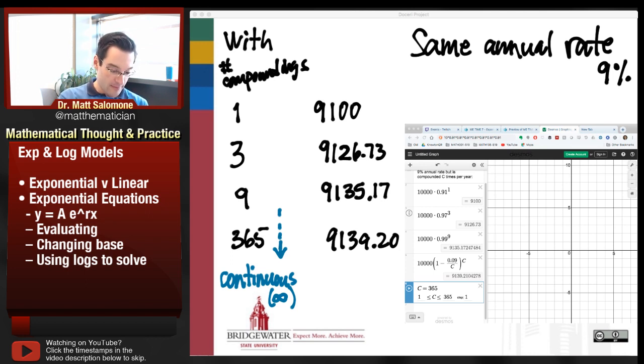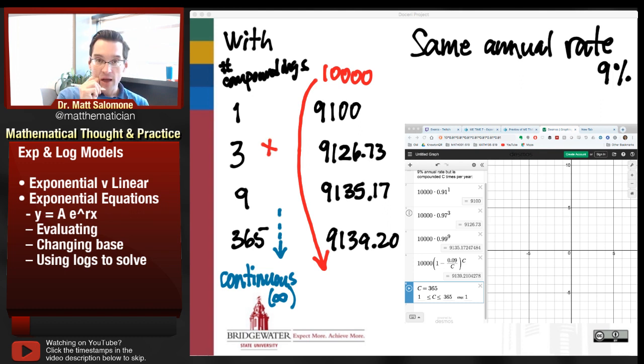It's going to be equal to the result of taking my $10,000 and multiplying it not by 0.91 raised to any particular power, but by 0.91 as the exponent of an expression whose base is this fancy number called e.